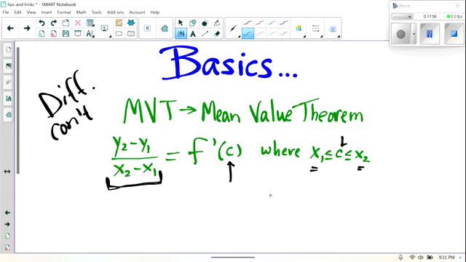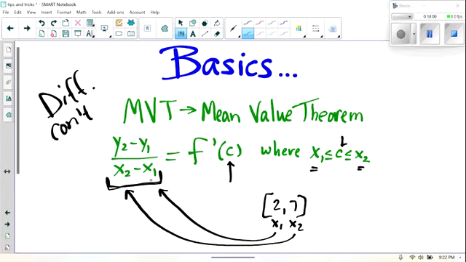Okay? They might say function between 2 and 7. That means this is x1 and this is x2. Not only are they going here, and then I'm going to use them to find these values in the original function, then my c value is between there. That's it.